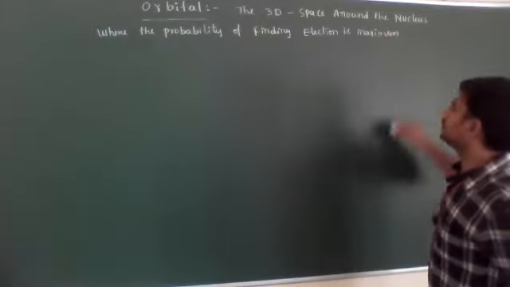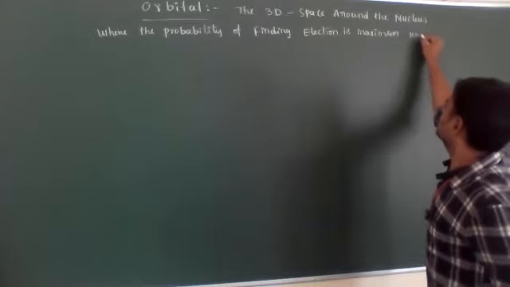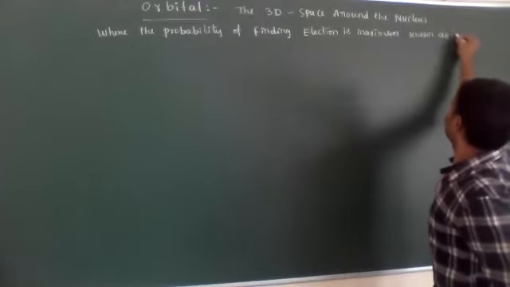The probability of finding an electron is maximum, known as orbital.